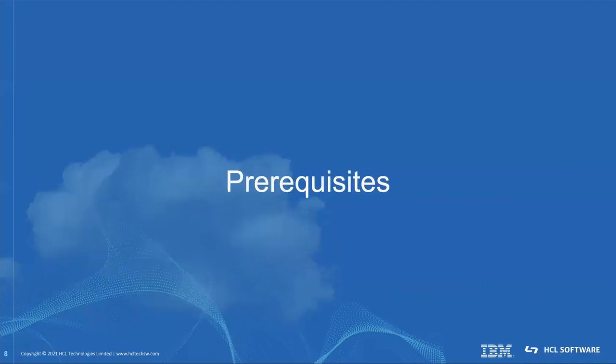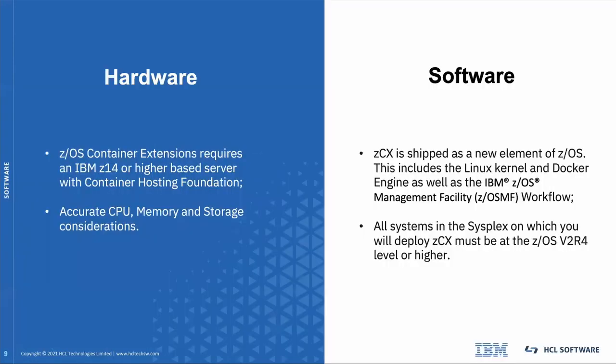So now let's take a look at the prerequisites. We have seen that this feature is pretty recent, so it has both hardware and software prerequisites. Hardware means that the mainframe must be at least Z14. So for now, I think it's only Z14. I'm not sure if also Z15 is available.